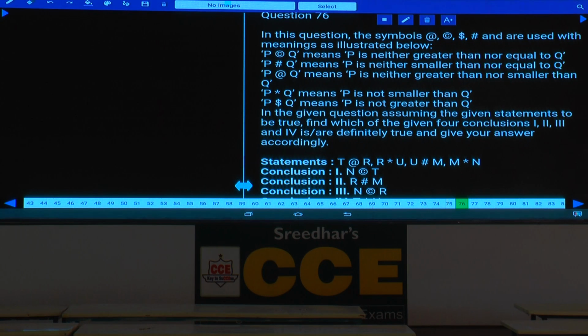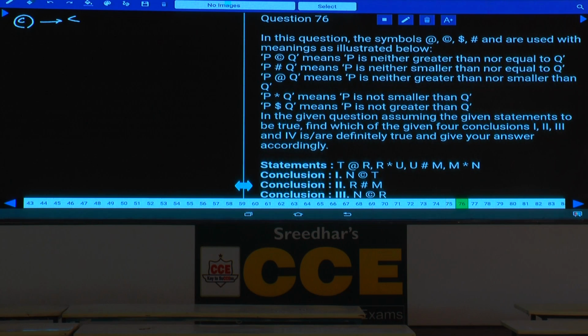Copyright stands for neither greater than nor equal to, which means lesser than. Next one, P hash, neither smaller nor equal. Hash stands for greater than. Next one, at the rate of, neither greater than nor smaller. That means at the rate of must be equal to.